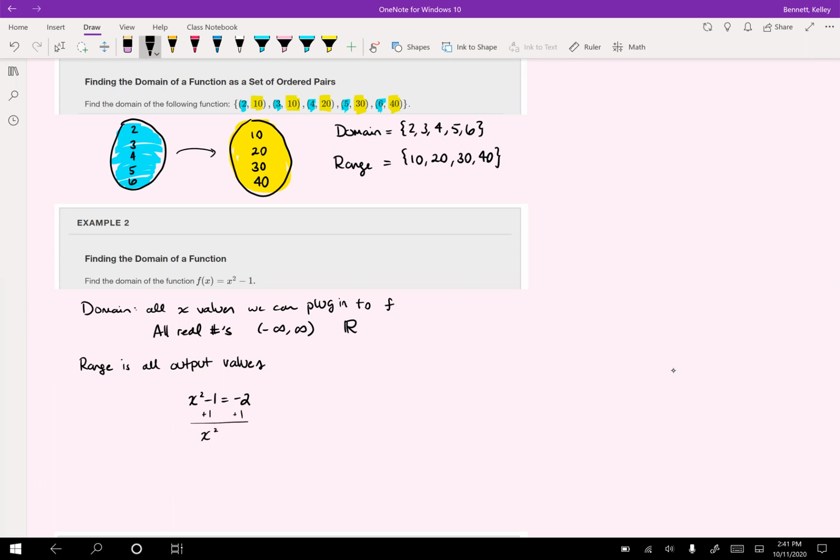X squared equals negative 1. Well, we know that the solutions to this are going to be plus or minus i. But we're really going to limit our purview here to just real numbers, meaning numbers that do not have an imaginary component, numbers that are not complex. So how can we determine what the range is? We already know that negative 2 is not in the range.